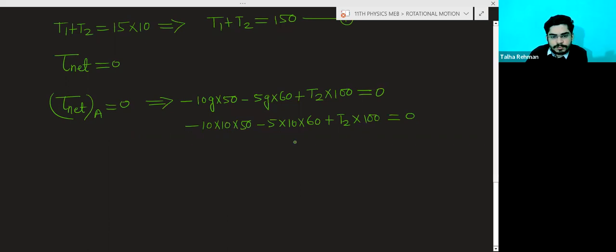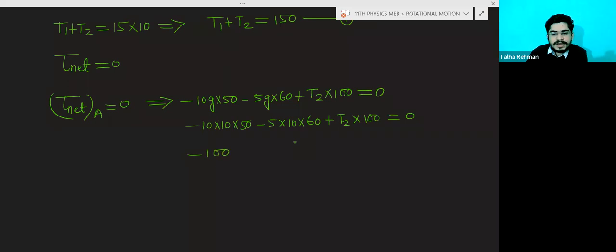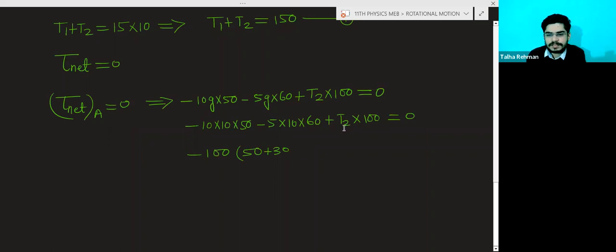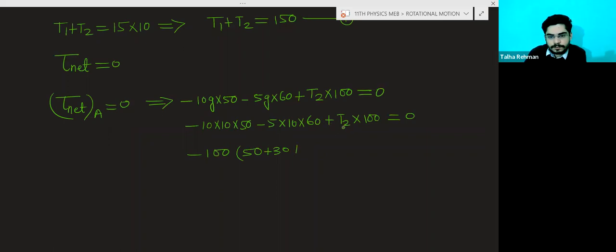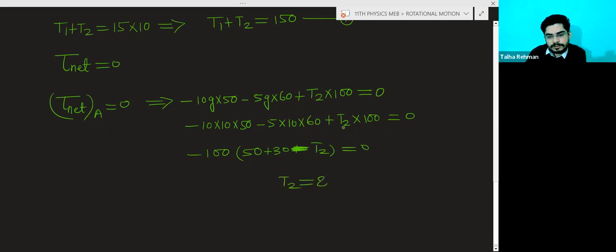If you take minus 100 common, here you will have 50 and here you will have plus 30. This is the equation, you can solve it easily. Here you will have minus T2 is equal to 0, and this 100 gone. So we will have T2 is equal to 80 Newton.